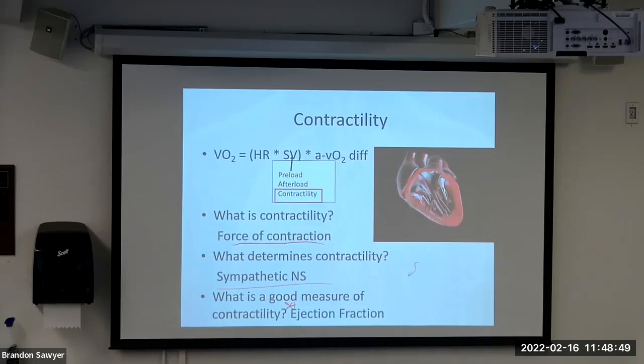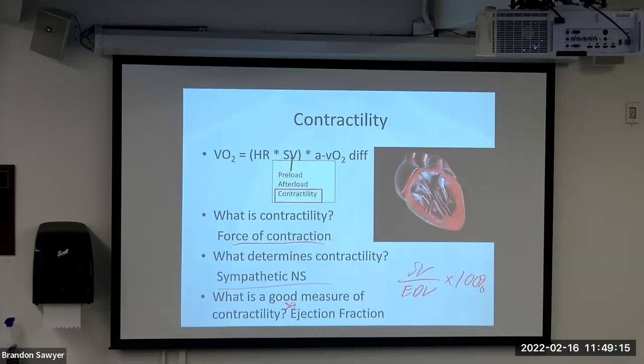Ejection fraction was our stroke volume divided by end diastolic volume. If we want to turn that into a percentage, we multiply it by 100. Again, this is just the percentage of the blood that's coming out compared to what we started with.